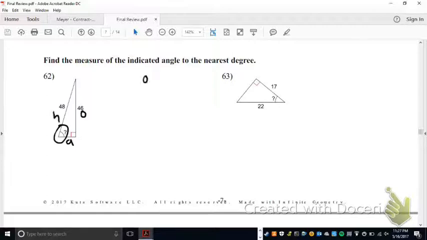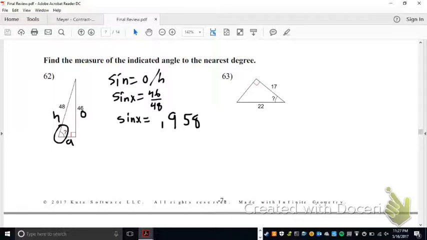We know the sine of that angle is going to equal the opposite side over the hypotenuse. Sine of x equals 46 over 48. If I round that, I get 0.96. 0.9583. You need to remember that there is a 1-to-1 ratio for now. When you do Algebra 2, it'll be a little bit different.